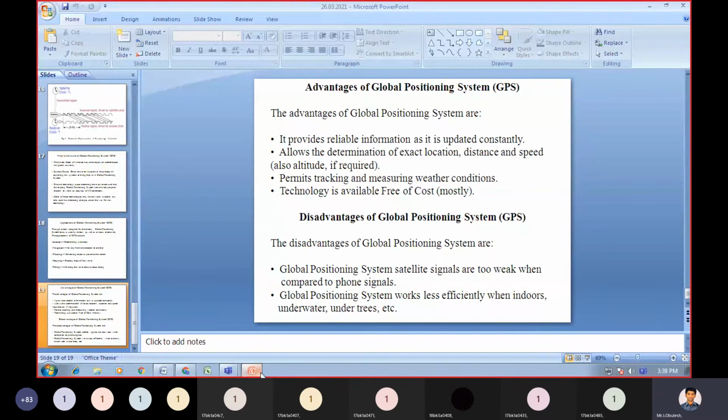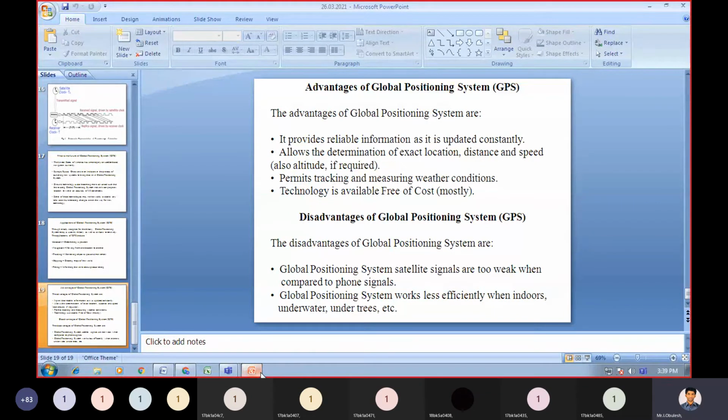Coming to advantages. There are plenty of advantages available for the global positioning system, among which we will take a few, here only four.